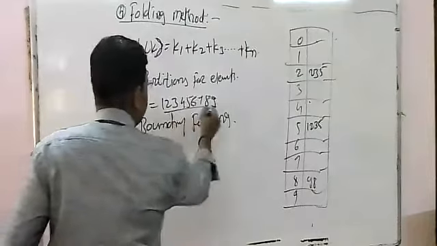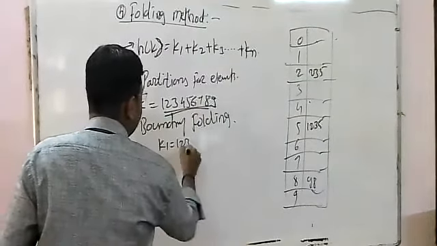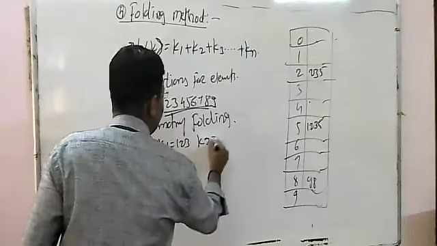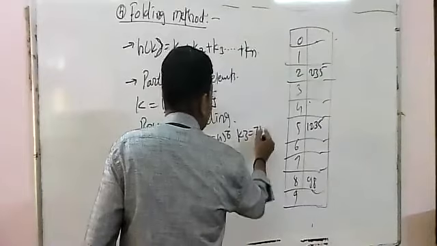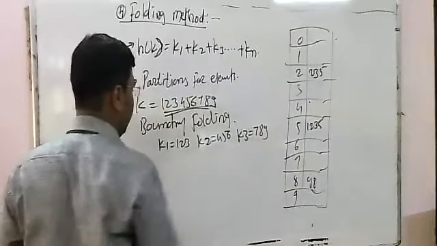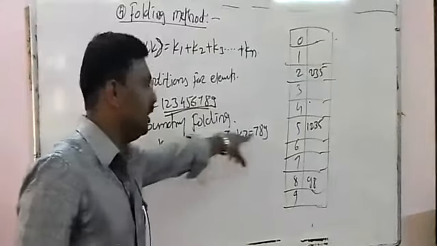Suppose you have this number divided into K1 123, K2 456, and K3 789. Okay, there are three subkeys, K1, K2, and K3.